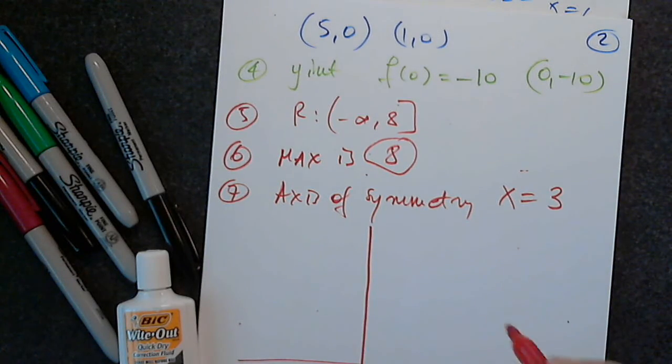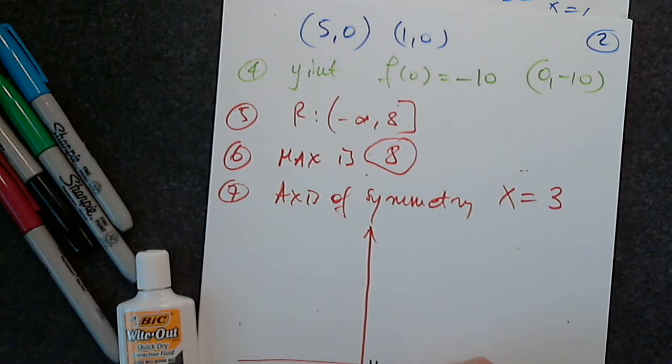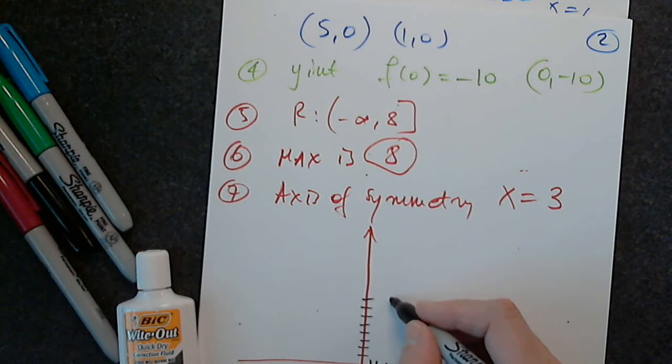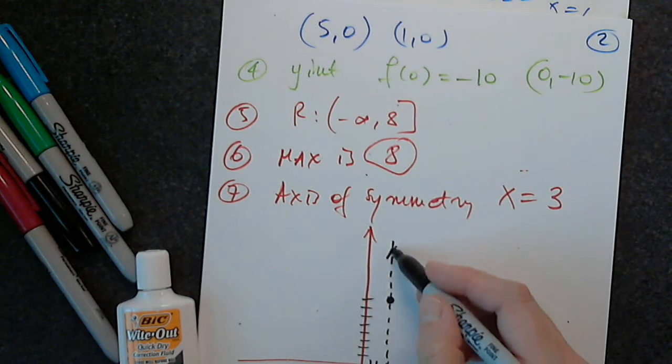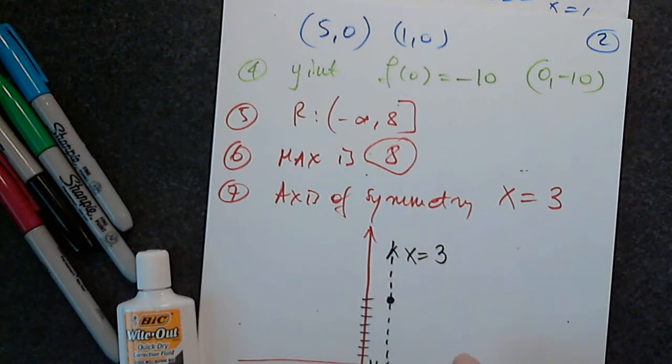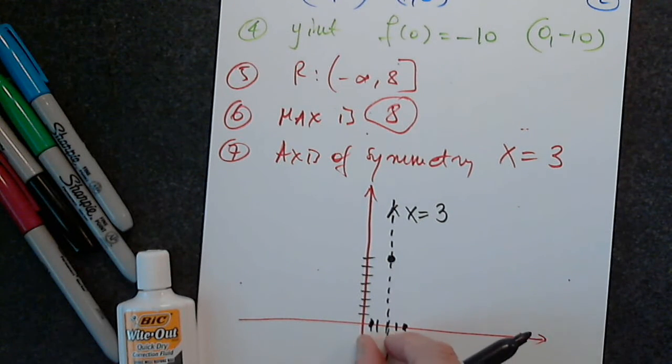So now when I graph, I start with the vertex (3, 8). I continue with the axis of symmetry, which is not part of the graph. I plot 1 and 5. Make sure that these are symmetric, 2 units apart in this case, on both sides. And the y-intercept is (0, negative 10).